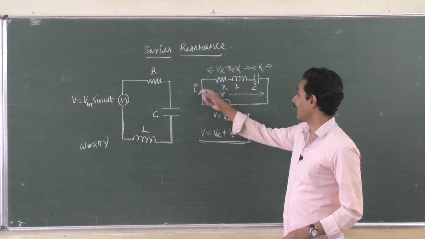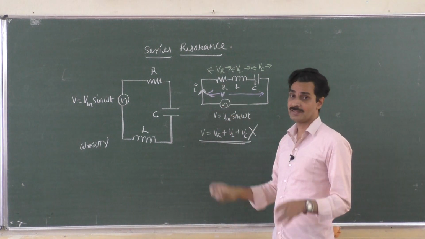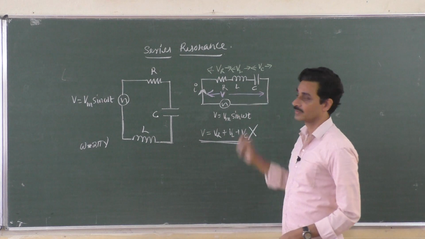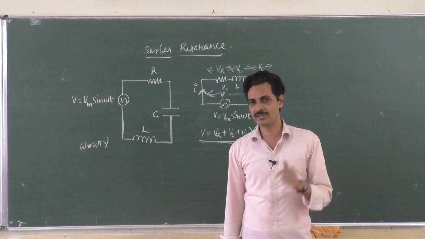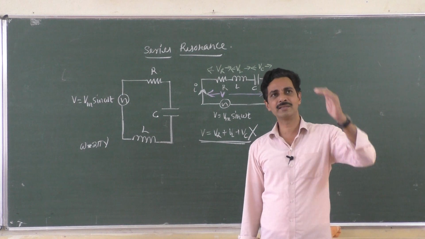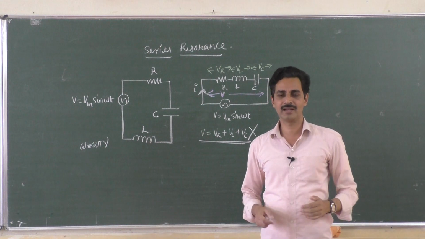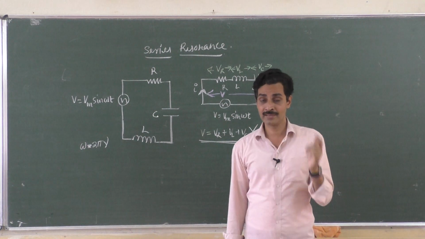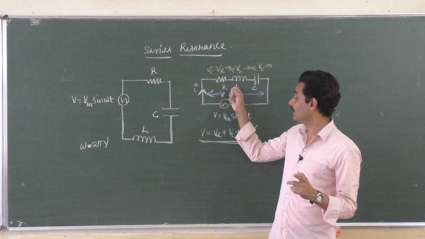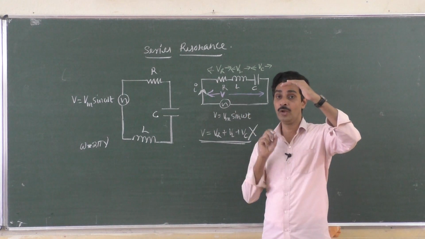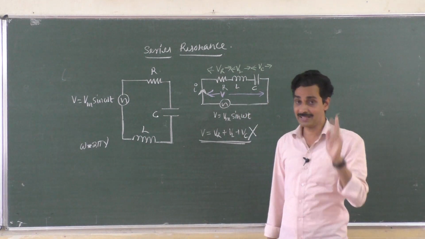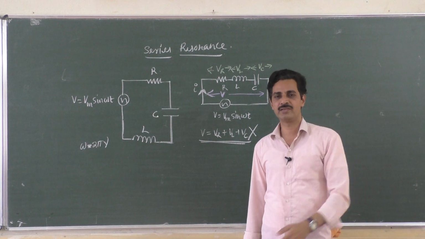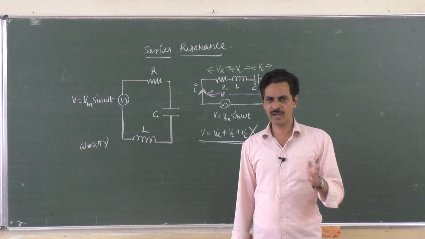Why? When the current through the resistor is highest, you know, the voltage across the resistor is also highest. But what about across the inductor and capacitor? They are not highest, they are zeros. So when the current reaches the peak value, the voltages across the inductor and capacitor are at zero values, because in an inductor and capacitor, current and voltage have a phase difference of 90 degrees, maybe leading or lagging, whatever it is.